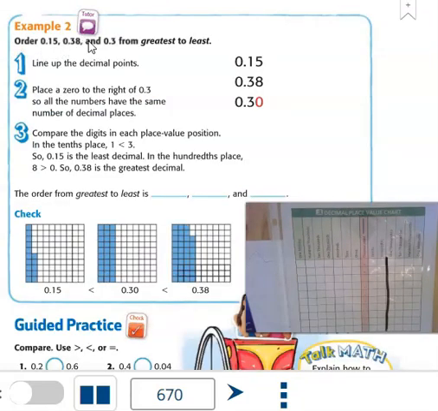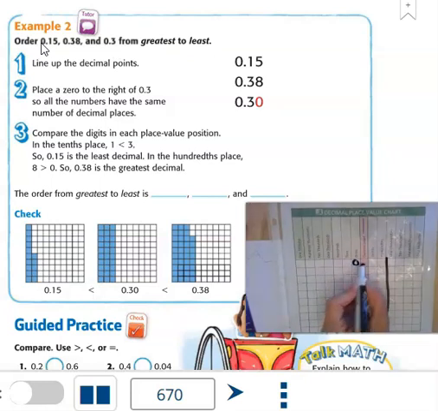Okay, example 2 has two more levels of difficulty than the last problem because we're ordering numbers and we're dealing not just with the tenths place, but with the hundredths place value as well. So we're going to order 15 hundredths, 38 hundredths, and 3 tenths from greatest to least. So first I'm just going to copy the numbers into my place value chart.